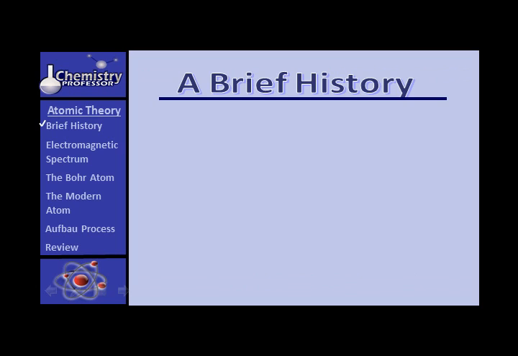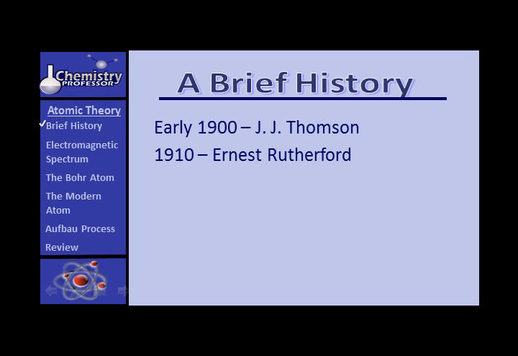In this history, we're going to talk about the early 1900s and the work of J.J. Thomson. Then we're going to go to Ernest Rutherford and the work that he did in 1910. In 1913, we will talk about Niels Bohr's work, coming very close to Ernest Rutherford's.